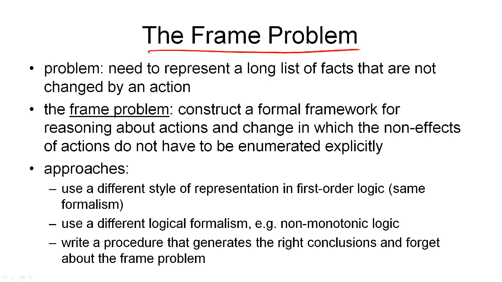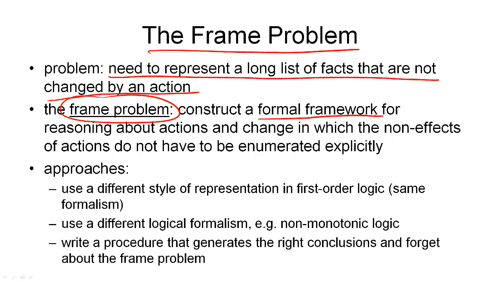And in fact, the list of things that don't change when an action is executed is much longer than the list of things that do change. So the problem was that we needed to represent a long list of facts that are not changed by an action. And the frame problem in general then is to construct a formal framework for the reasoning about actions and change, in which the non-effects of actions do not have to be enumerated explicitly.